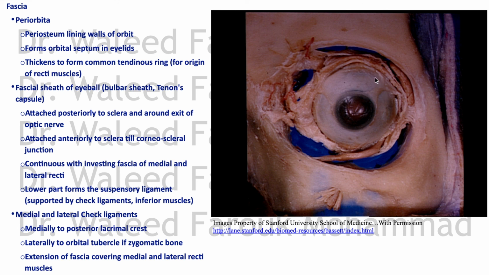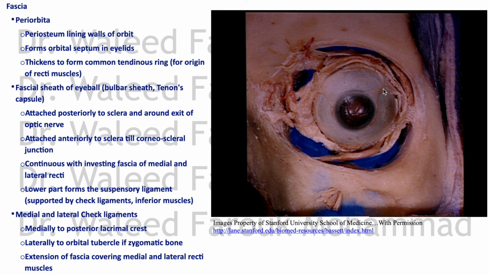Now, the other fascia in the eye, rather than the fascia that covers the eyeball, is the fascia that lines the orbit, and actually it is the periosteum that lines the orbit, and it's called periorbita. The periorbita is the periosteum that lines the walls of the orbit.